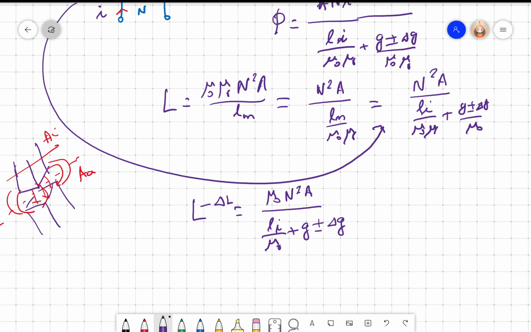If air gap decreases, denominator decreases, so overall value will increase, so I will get minus or plus delta L. So if I take this as K, this will be K into 1 by L by mu r plus G plus or minus delta G.